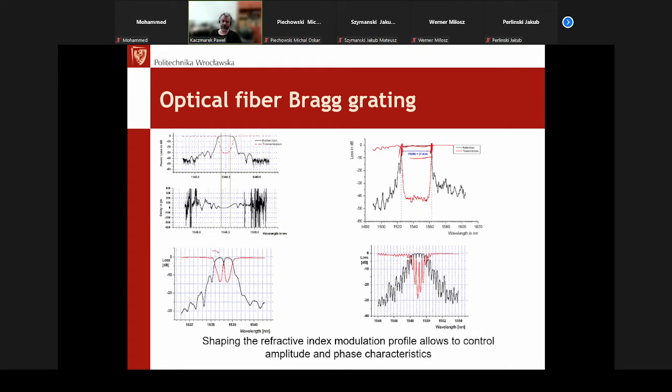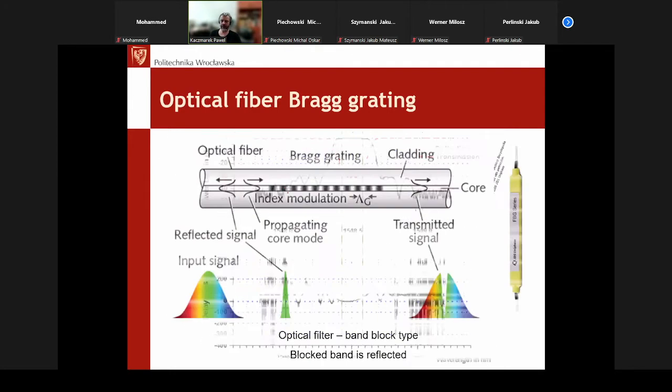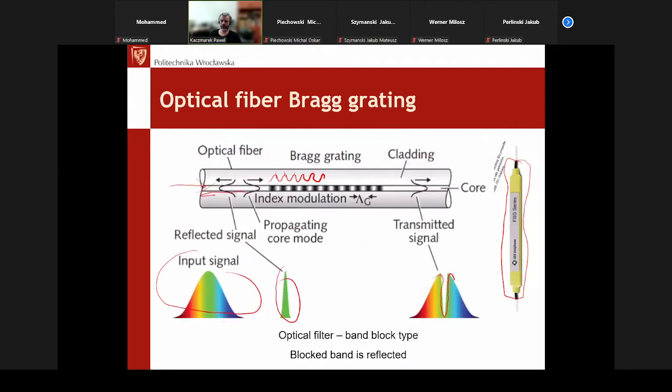Also, such characteristics are quite useful for some special applications. This notch inside can be treated as a frequency or wavelength mark, and using other properties of Bragg gratings, you can imagine that if we have such a Bragg grating, this modulation period depends on the length of the Bragg grating.